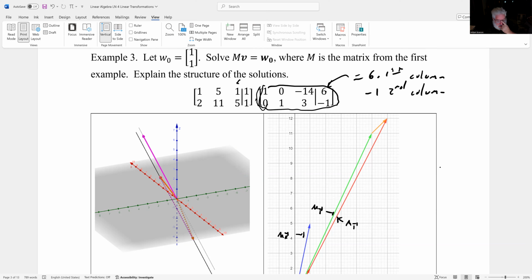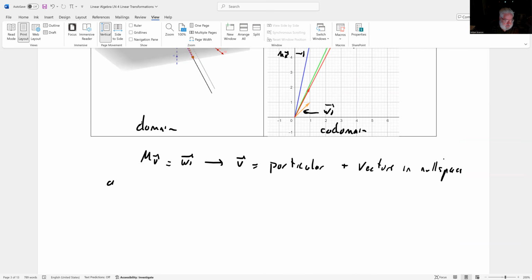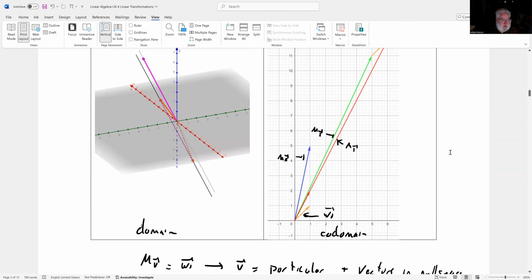So (6, -1), a particular solution, is 6i minus j. Okay. And so that's this orange vector in here.